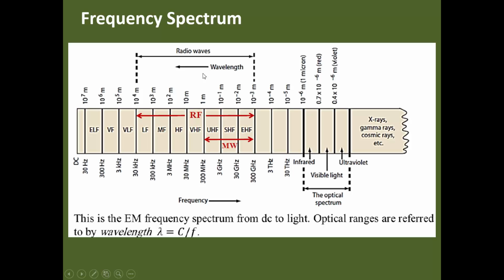Now this is the division that I have shown, from 30 kilohertz to around 300 gigahertz. This range forms the radio waves, so from 30 kilohertz to 300 gigahertz is the radio frequency range, whereas the range from 300 megahertz to 300 gigahertz is the microwave range, right?